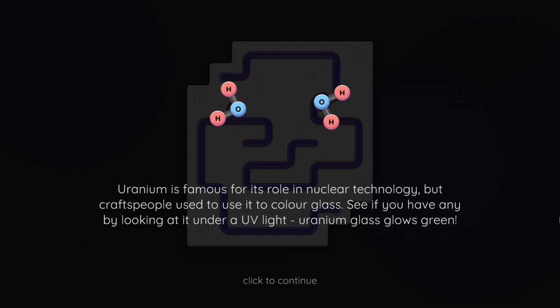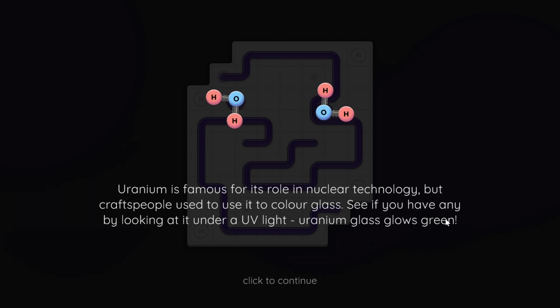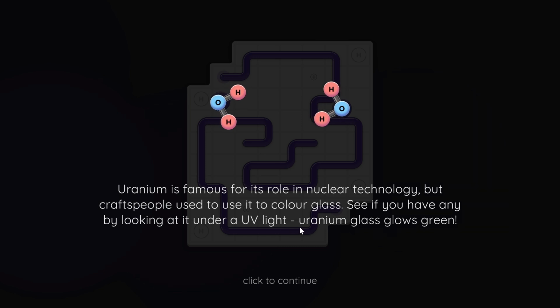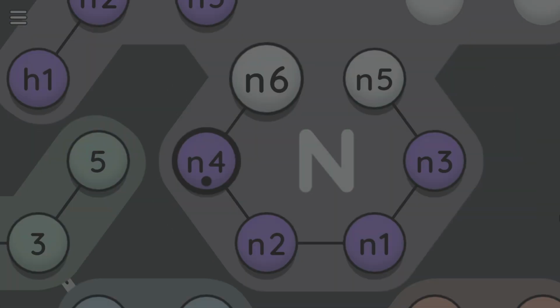I think Nile Red, a chemistry YouTuber, made uranium glass at one point, which does glow green under UV light. It is also highly radioactive, so if you do find that, you should probably dispose of it immediately, depending on the amount of uranium though. Either do that or store it in a lead box. Yeah, it is radioactive, which is really bad.